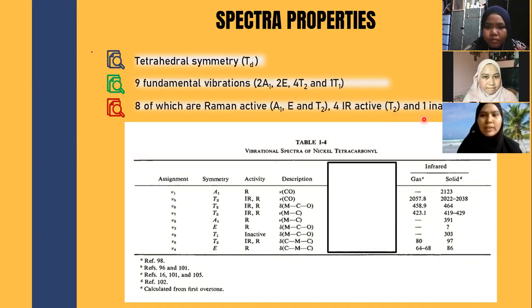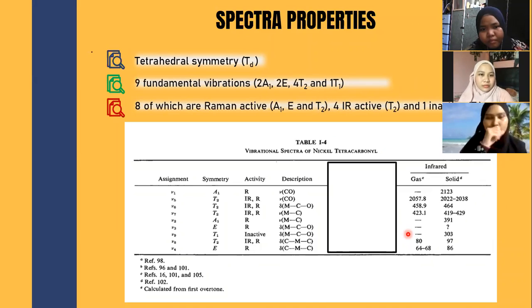The most reliable data is provided below. But today I would like to focus more on the IR spectrum, the IR active mode, which is T2. Based on the data below, if we have tetracarbonyl nickel in the gas phase, in the second row of the table, it is stated that the T2 would have a peak at around 2057.8.